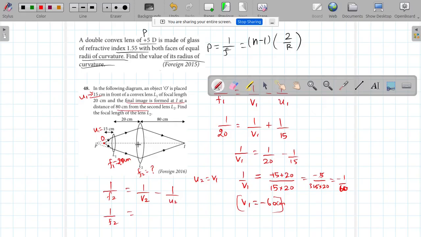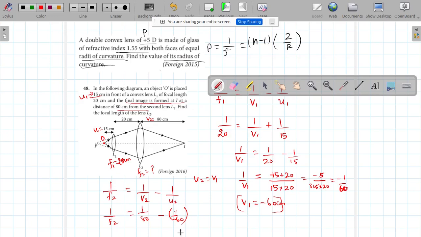But here is a trick. We don't know the exact value of v2, so u2 alone we know. So 1 by minus 60. But what about v2? It is 80 centimeter. So 1 by 80.